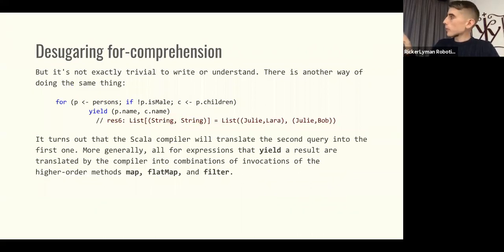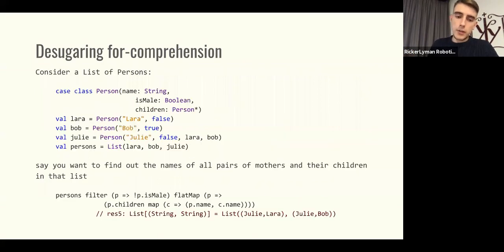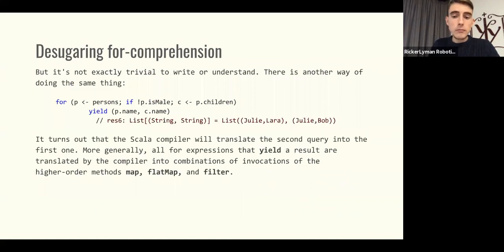So this for comprehension will be translated into a series of filter, flat map, and map calls. So this is what for comprehension actually means in Scala. This is another kind of syntactic sugar. So we can continue with different filters and so on.